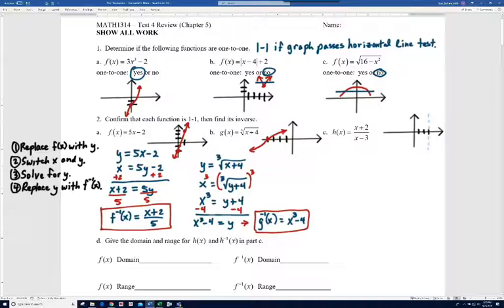You could also put this into your calculator knowing what you do about the asymptotes and just finding a few points, and you would see that the graph looks something like this. And so you can see that that does pass the horizontal line test. And so it is one-to-one. So let's go ahead and do the 4 steps now.